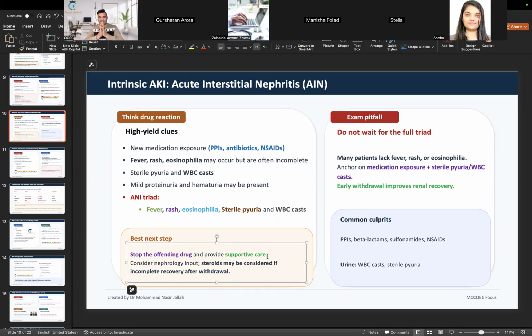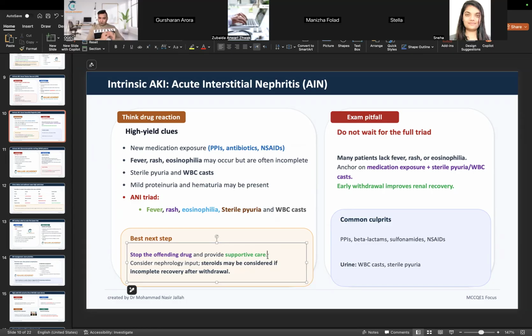If they ask you what is the best treatment, it is to stop the offending drugs. What is the first or initial treatment, after that is supportive. Like, for example, offending drug is the first one, then you start the supportive therapy. But if you don't have the offending drug option, the supportive therapy is always the first best choice.